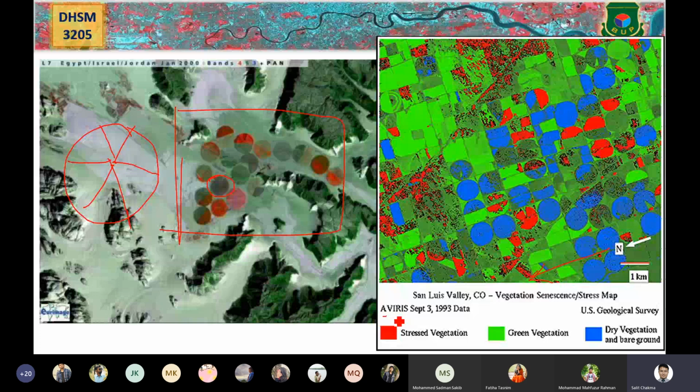And then we also have our legend bar, and it says that red color represents stressed vegetation. That means these vegetations are in stress, as well as these vegetations. So that means the irrigation process is being used in this area.